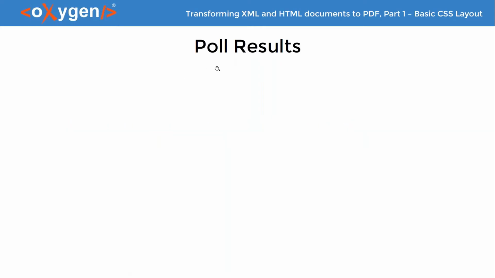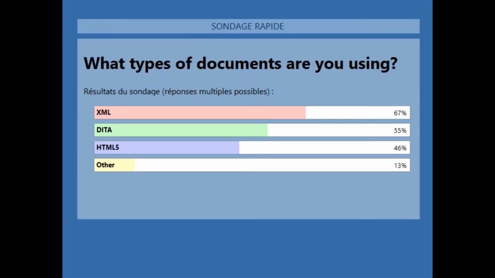Okay, I think we can close this poll too. It seems that the majority of the users are XML and DITA users. So unfortunately for the DITA users, this will be more XML centered, but the CSS examples I will give in this webinar can be used in DITA with small modifications.